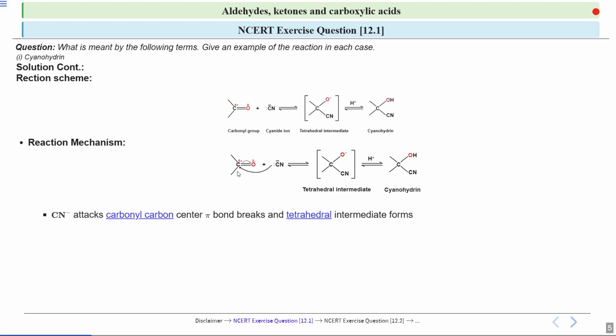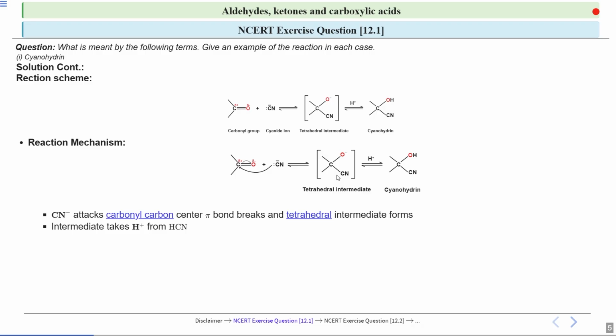So when the CN- attacks this carbonyl carbon, the pi bond in the carbonyl breaks and the tetrahedral intermediate is formed. That is, to this carbon an O- group and a cyanide, which is a CN group, is attached.